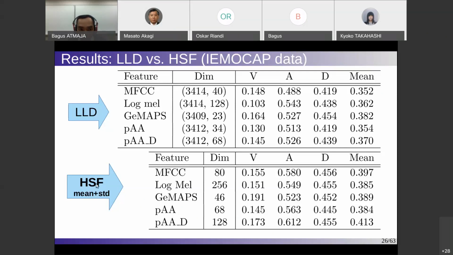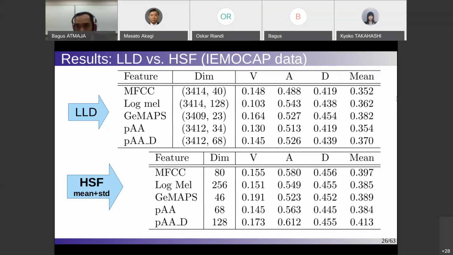And using mean and standard deviation, which is much smaller than LLD, we reduce the size of the feature, but we obtain improvement here. For example, using MFCC, with a smaller feature, we improve the score from 0.35 to 0.39 here. So the only difference here is the input. We use the same model and the same configuration.